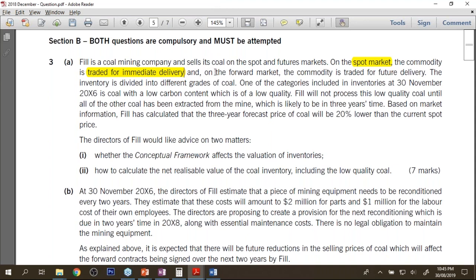So it says that on the forward market, the commodity is traded for future deliveries. So in case of forward market, we make a contract today and we deliver the products later on. The inventory is divided into different grades of coal, which means different quality of coal.